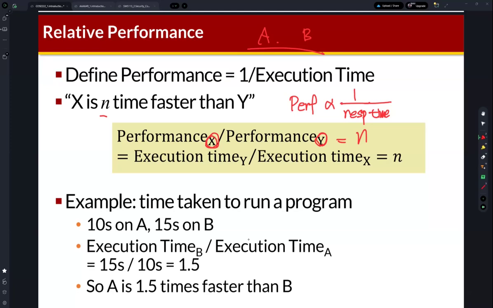We can say that X is n times faster than Y, so we compare the performance of X divided by the performance of Y. But actually, this equation is equivalent to the execution time of Y divided by the execution time of X, because the performance is inversely proportional to the execution time.